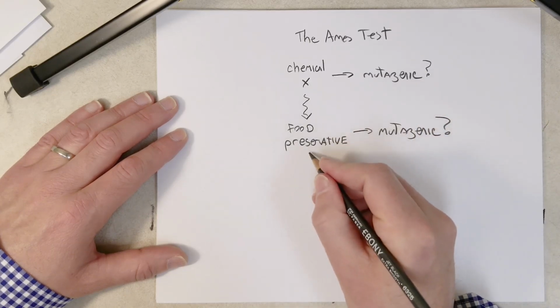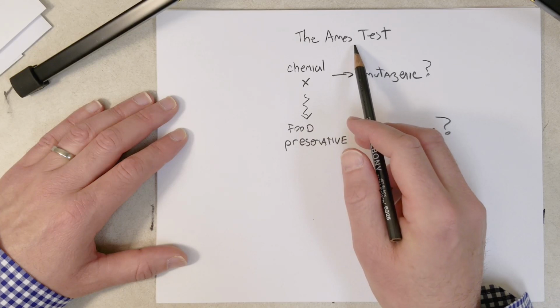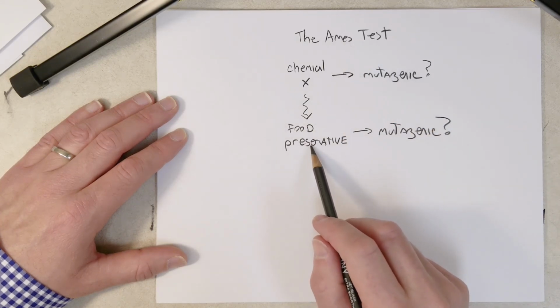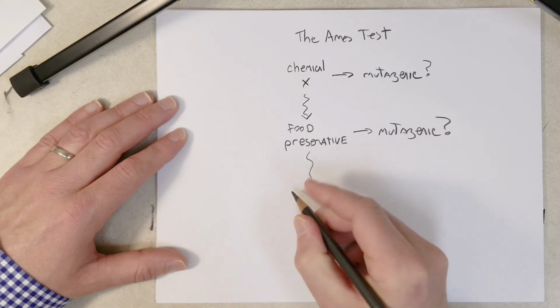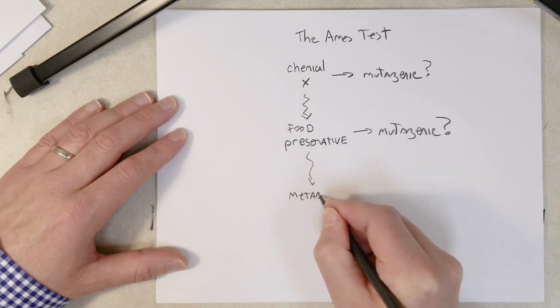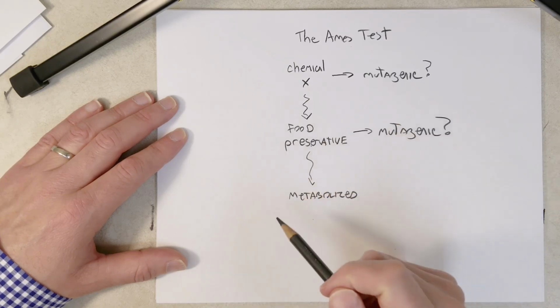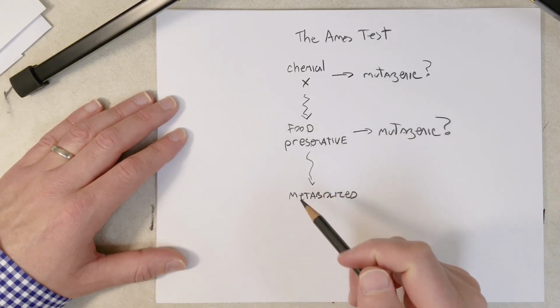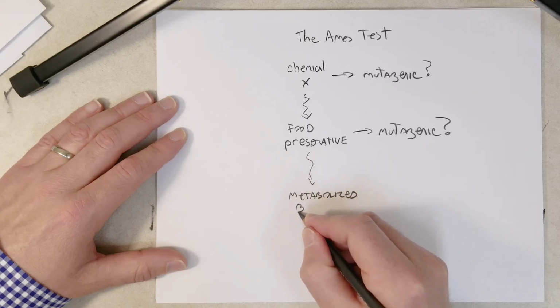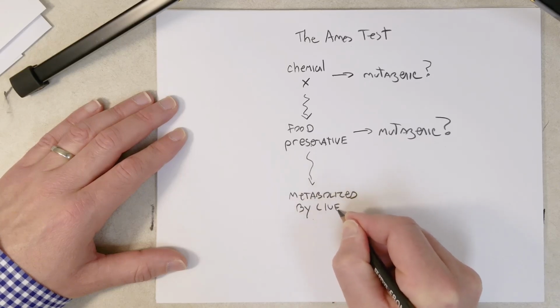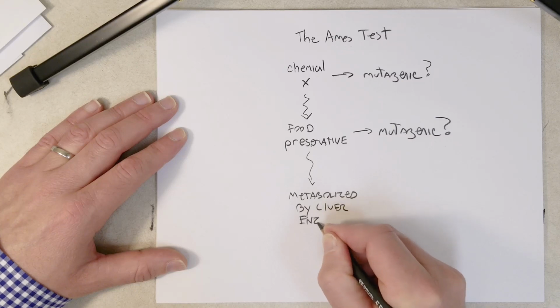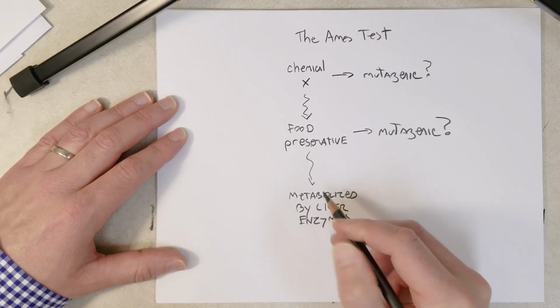So there's another question before we get into the test. Maybe that new preservative isn't mutagenic on its own, but what happens if it's metabolized inside our bodies? Chemicals are often sent to the liver where they're metabolized by liver enzymes. So what do those products look like?